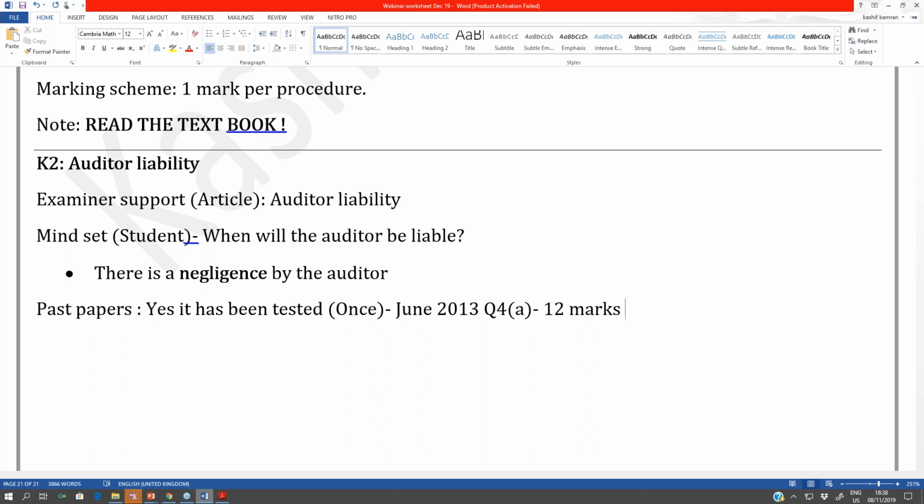And what if in the December 19 exam, something like June 13 question 4A comes in the exam paper? Or what if something like the June 11 question number 3B comes in the December 19 exams? So should we be prepared about these areas?